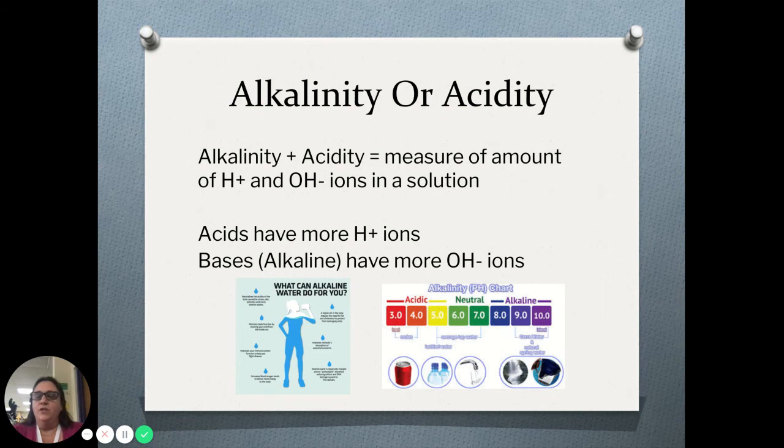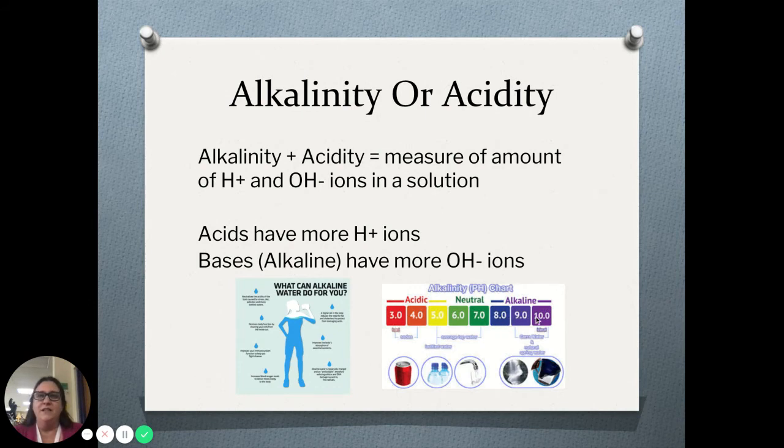We can say substances are alkaline or acidic, or measure the alkalinity or acidity of a substance, and that's basically taking or measuring the pH. Remember, acids have more H pluses, and bases have more OH minus. There's this big trend right now, it might be starting to die down, of drinking alkaline water, which has a pH somewhere between 8 and 9.